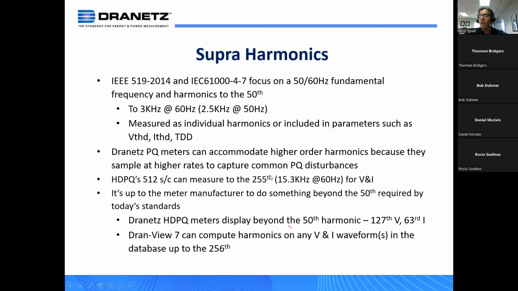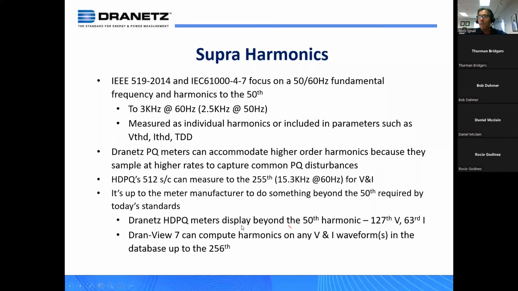So you can just see by the standard sampling of our meters, we go into the supraharmonic range, and have the ability to do some of that with the Dranetz meter that you want today. Really, in theory, today, before edition 4 comes out, it's up to the meter manufacturer to do something beyond the 50th and what is required by today's standard.